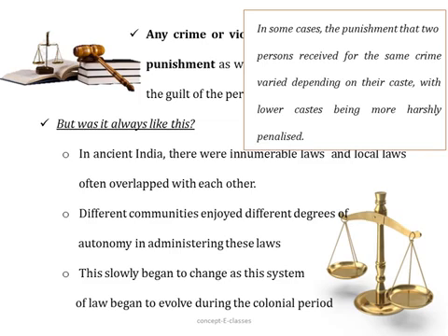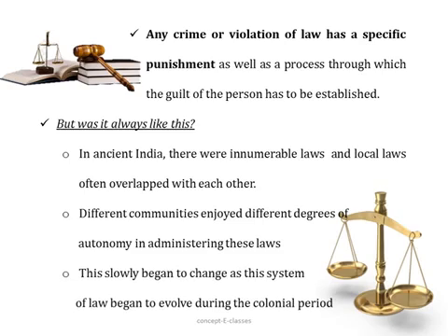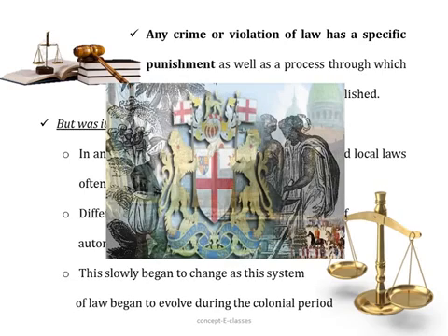At that time, the lower caste would be treated more harshly than the upper caste people, who would be leniently punished. Such type of overlapping often happened during the ancient times. But this slowly began to change during the colonial period because the system of law started to evolve.